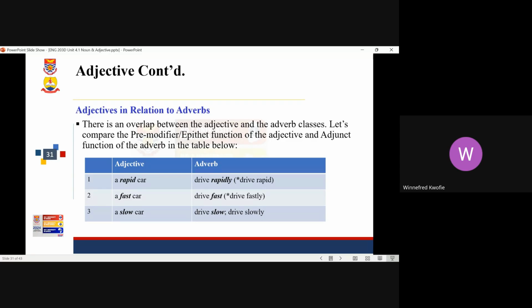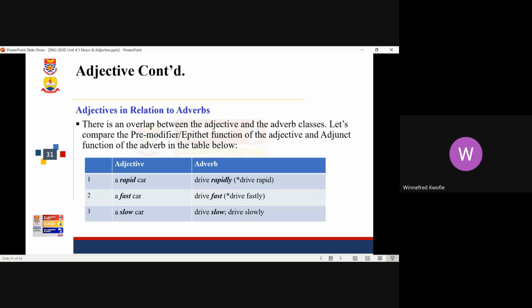So look at the words in bold. A rapid car. Drive rapidly. So here, rapid is the adjective, whilst we add ly to it, and it becomes an adverb. Then we have a fast car.